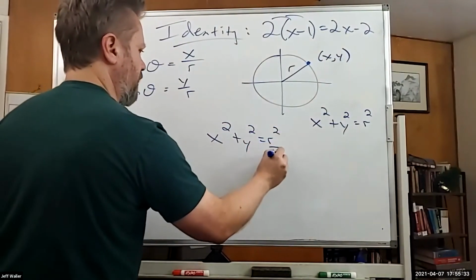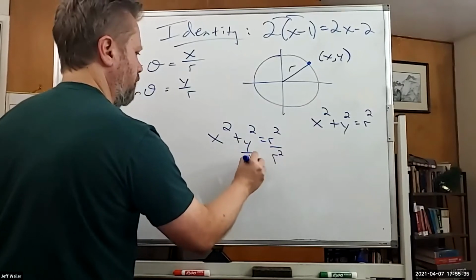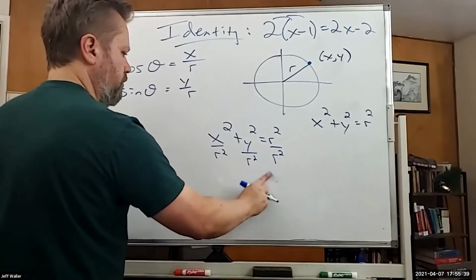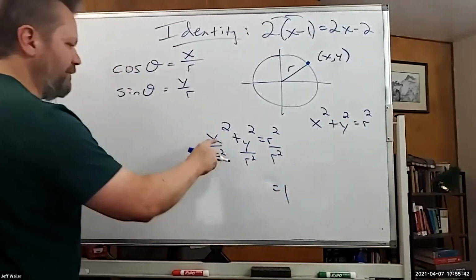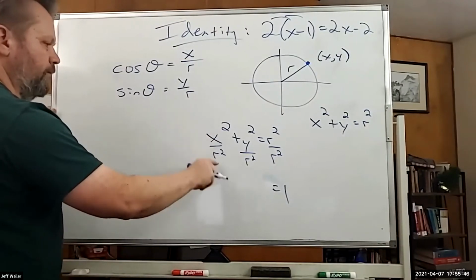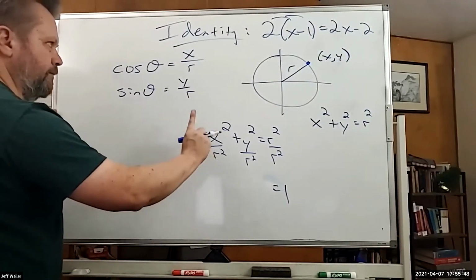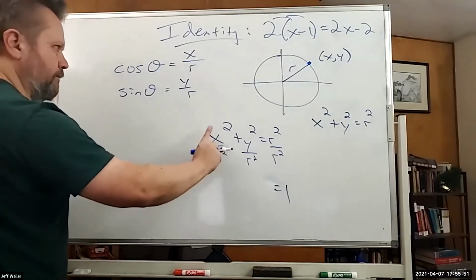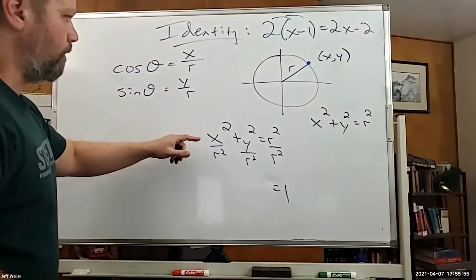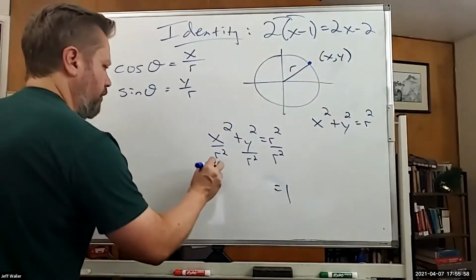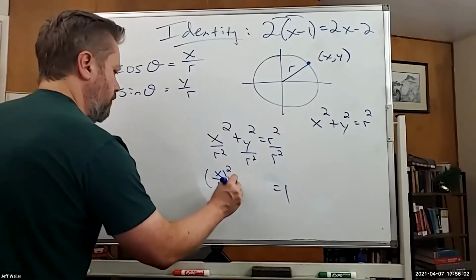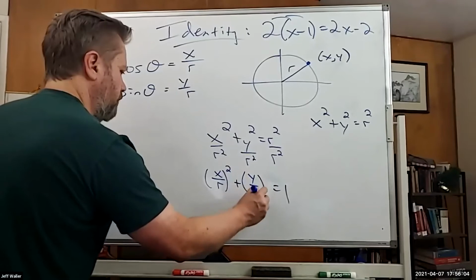What do I get if I divide everything by r squared? r squared divided by r squared is 1. What is x squared over r squared? Okay, well, all right. x squared over r squared is x over r, squared, plus y over r, squared.